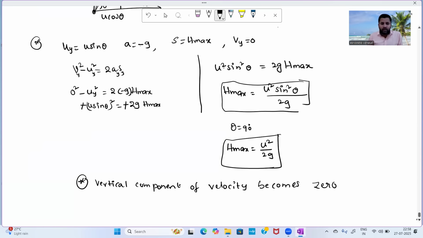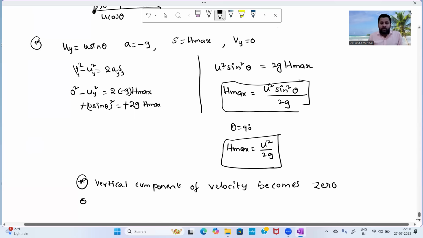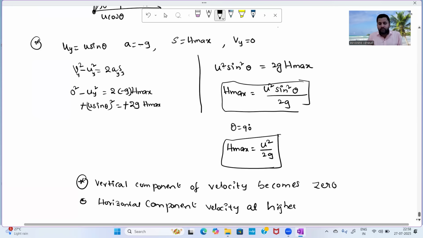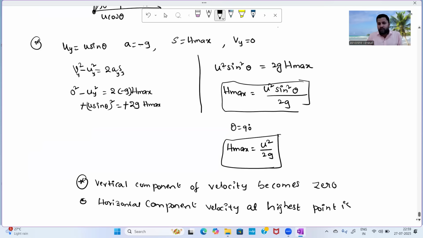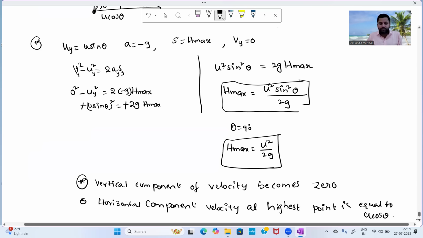Next, the horizontal component of velocity at the highest point, that is at the maximum height, is equal to u cos theta.